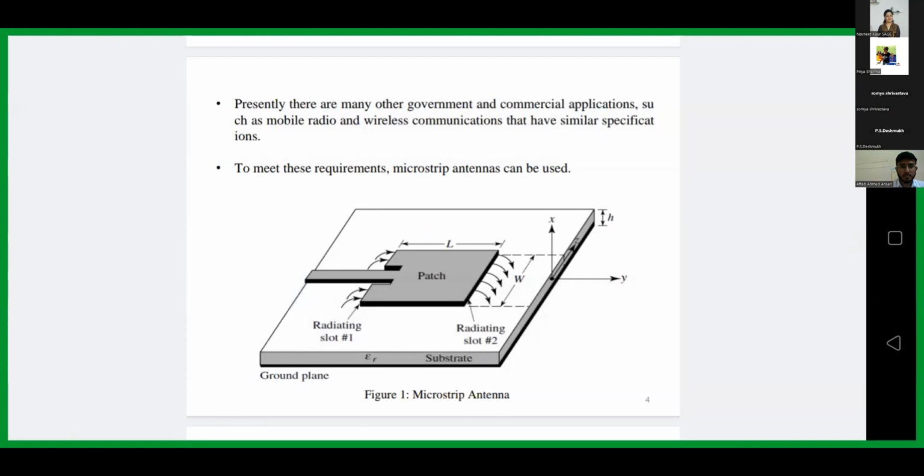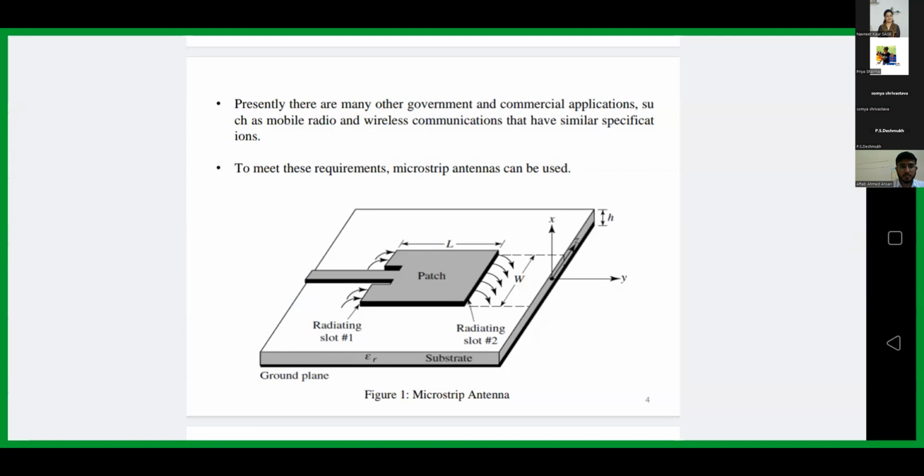Presently there are many other government and commercial applications, such as mobile radio and wireless communication, that have similar specifications. This diagram is a microstrip antenna.